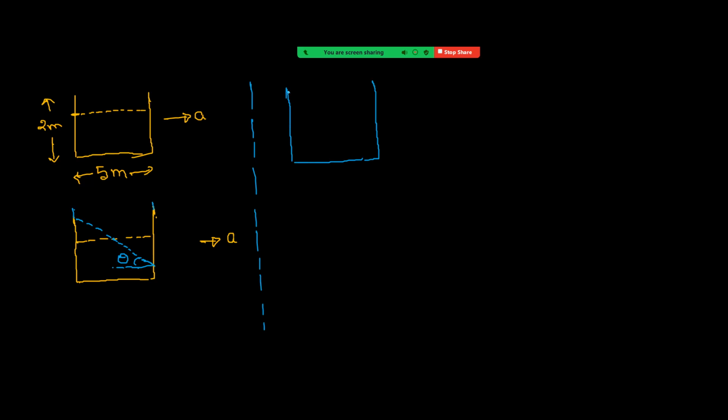We want to calculate now the angle of inclination with the horizontal. This angle is now theta. Acceleration is a. Let us solve the question from the vessel frame. That means imagine you are sitting on the vessel. Now it is a non-inertial frame because the vessel is having acceleration.